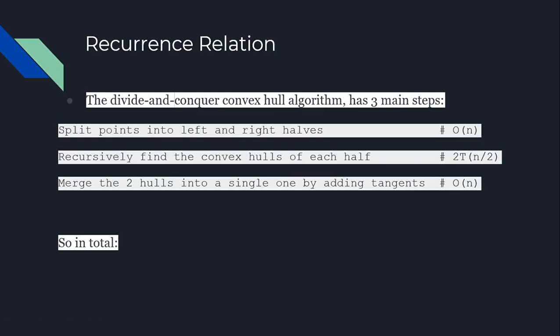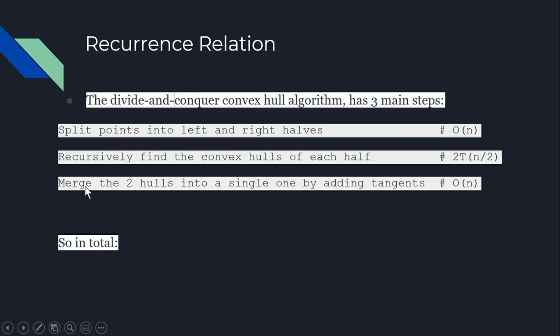Now let's see the recurrence relation of convex hull. The divide and conquer convex hull algorithm has 3 steps. Split points into left and right halves. It takes O of n time. Recursively find the convex hull of each half. It takes 2T(n/2) time.